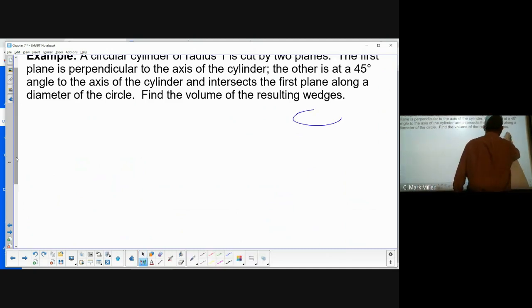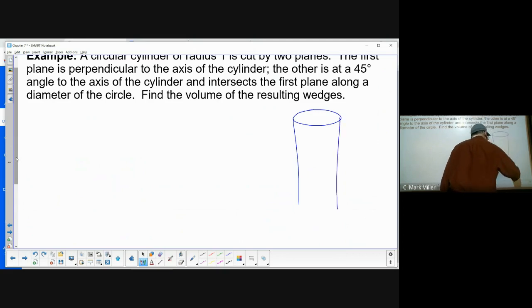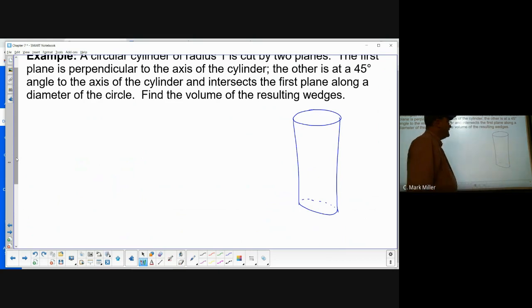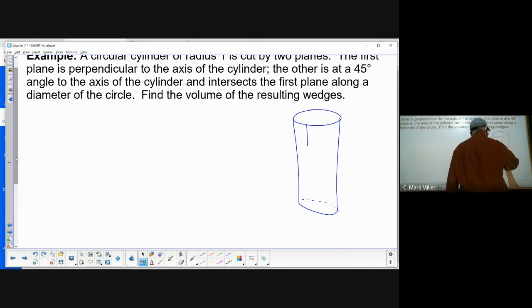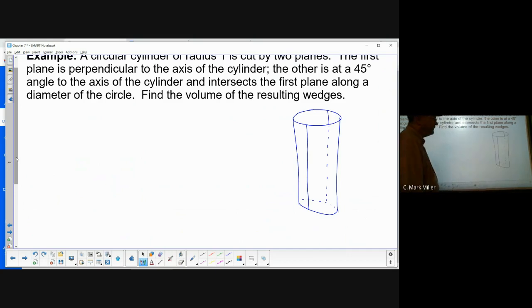Let's do a cylinder. That's just there. All right.